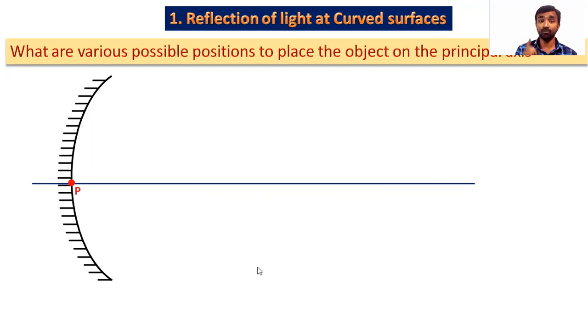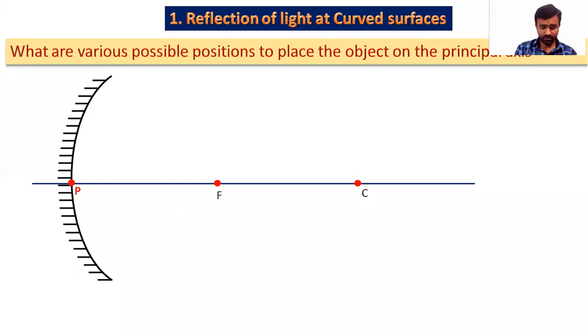Known points are there, the dots we used on the principal axis. There are 2 points here. One is focus and the other is center of curvature, right?